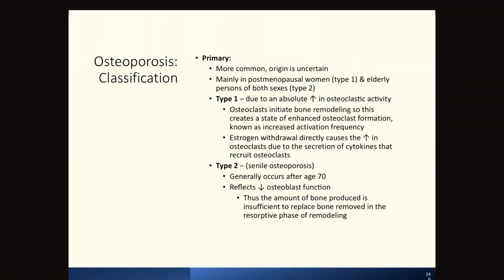So, primary osteoporosis, mainly postmenopausal women, is type 1, and type 2 is your senile or age-related osteoporosis. So type 1 is an estrogen problem. Type 2 is age-related.